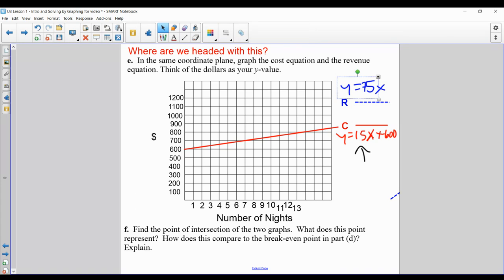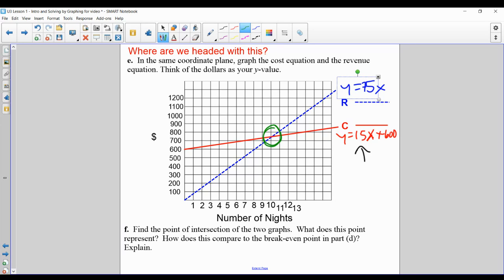If I bring in the revenue equation, it starts right at 0, and it's going 75 up each night. So I'm going to find that the place these intersect is right here.